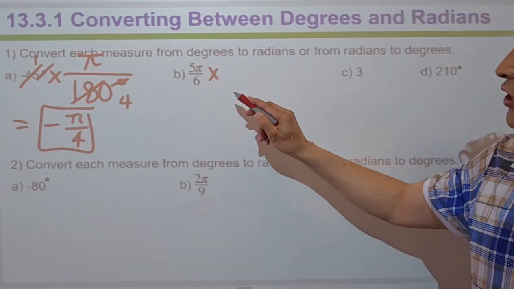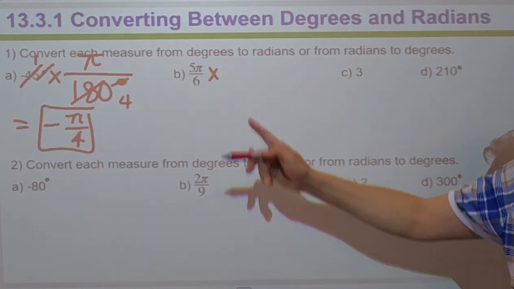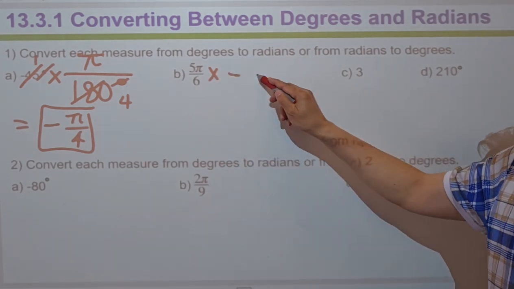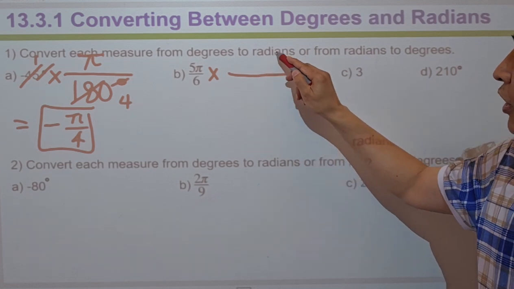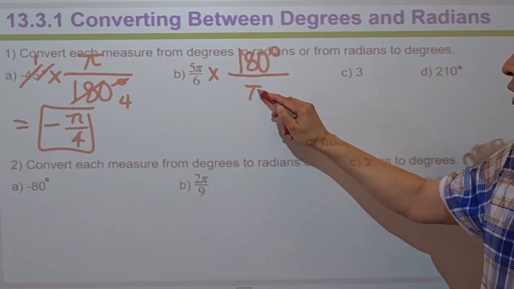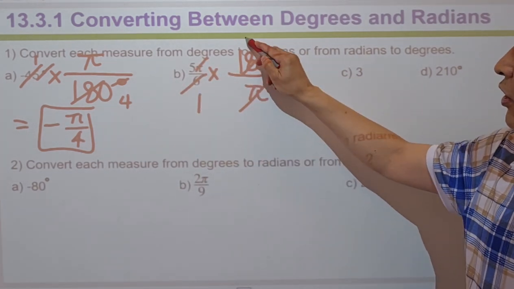Here, let's do the same thing. This is radian because there's no degree sign, right? To change radian to degree, the degree should be on top. So 180 degree, and that's pi radian. You can cancel out the pi, and this is 1, this is 30.